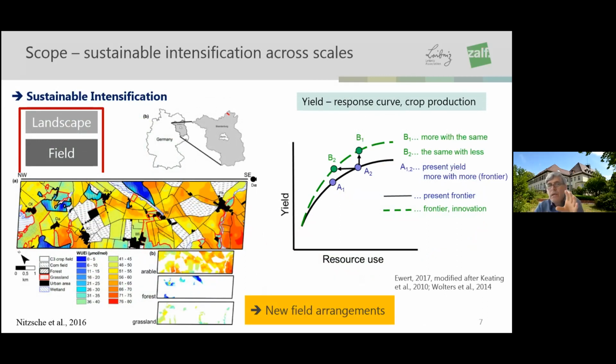But already by thinking of how you arrange fields according to the resource situation in the landscape, you may gain another benefit in yield with respect to the reduction of resources that are required in order to produce the same amount or perhaps even more yield.